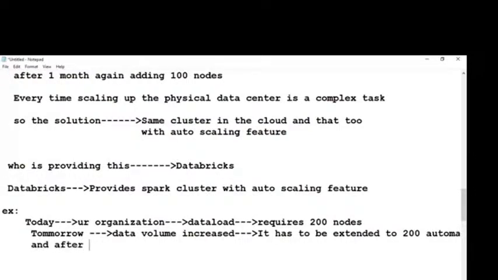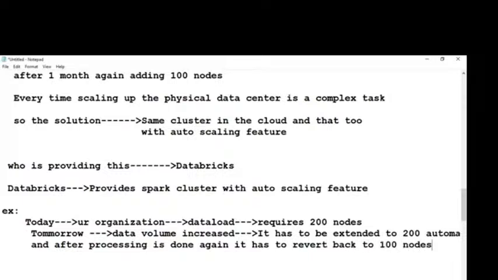And after processing is done, it has to revert back to 100 nodes.